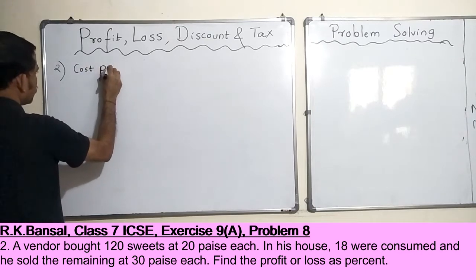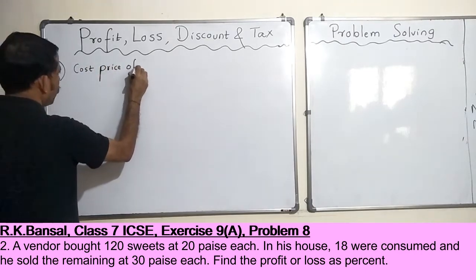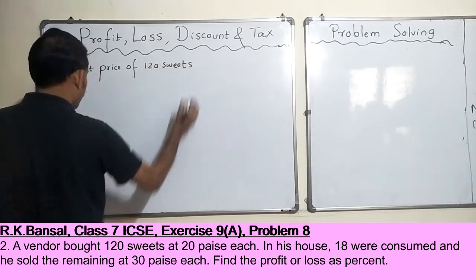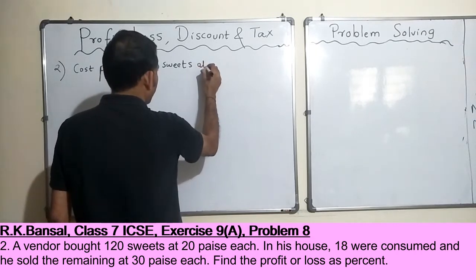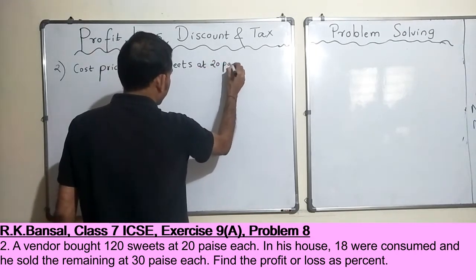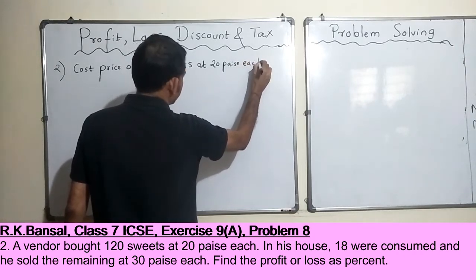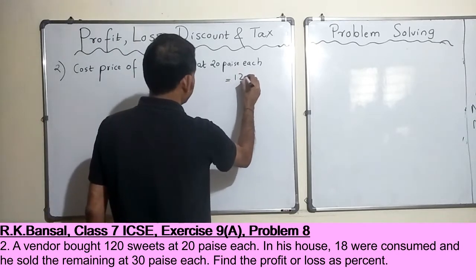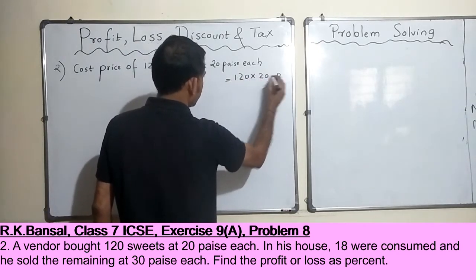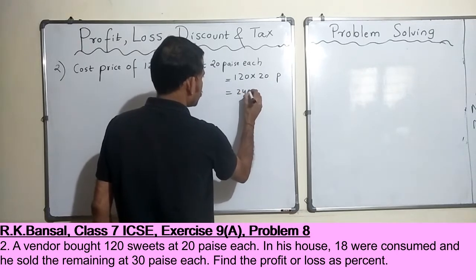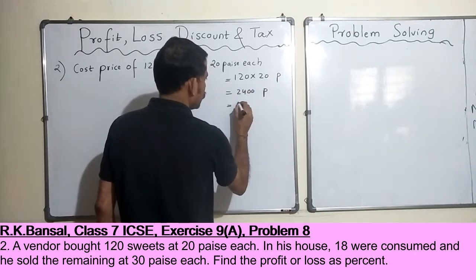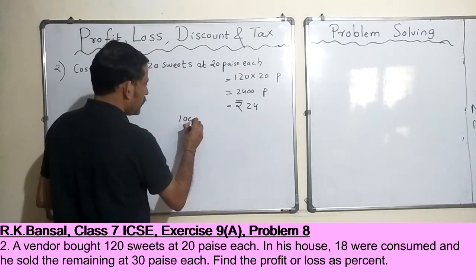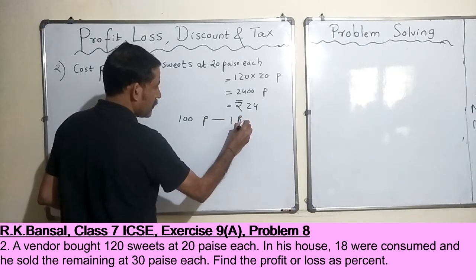Cost price of 120 sweets at 20 paise each is how much, right? You bought 120 sweets at 20 paise, so 120 into 20 paise is nothing but 2400 paise. 100 paise is 1 rupee, correct?